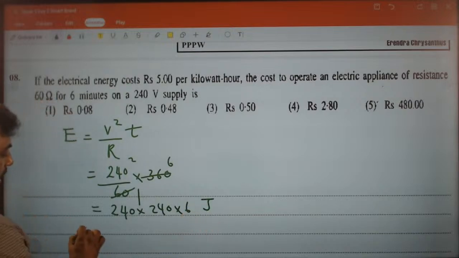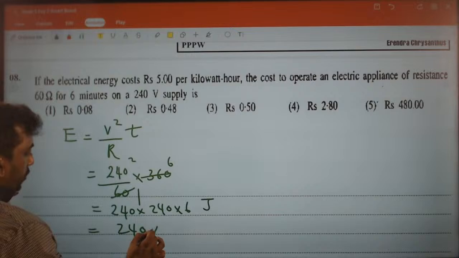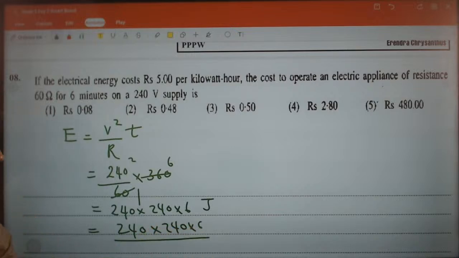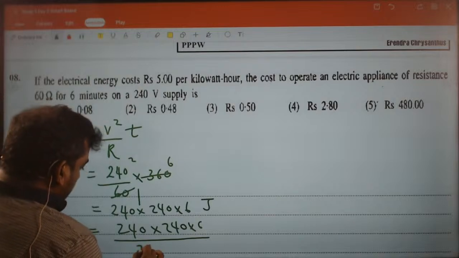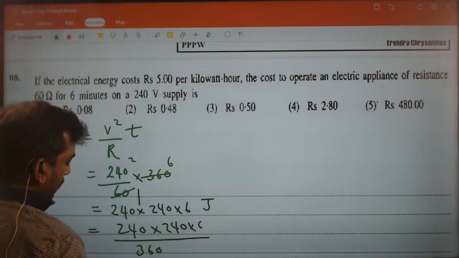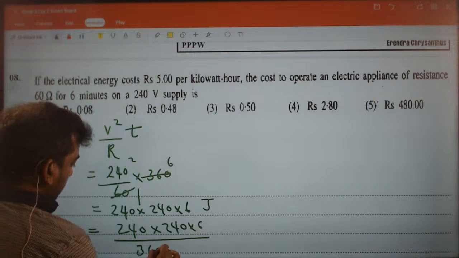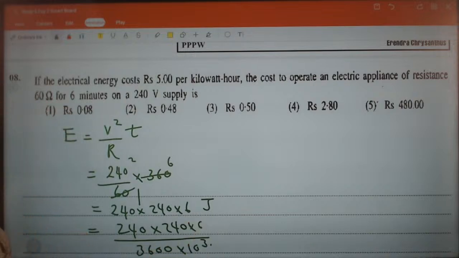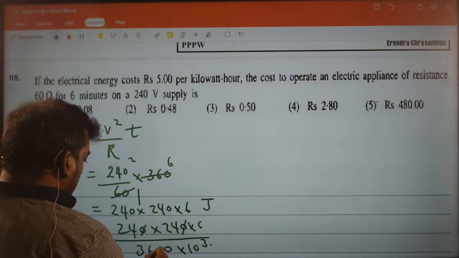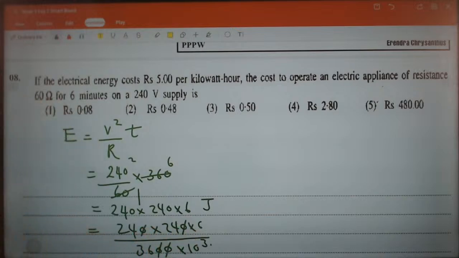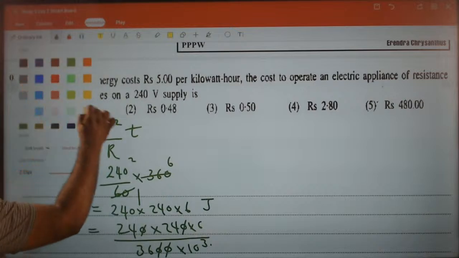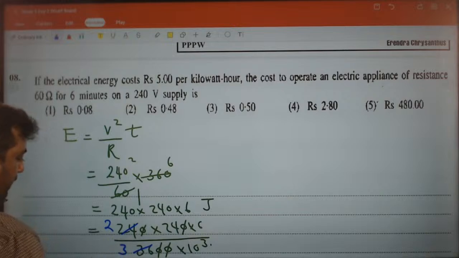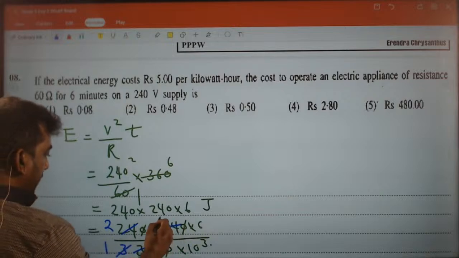I want my answer in kilowatt hour. 240 into 240 into 6 divided by, what is kilowatt hour? 3000. 1 kilowatt is 1000. Simplify very carefully. 2 zeros cancel off. 12 times 2, 12 times 3. 3 times 1, 3 times 8.